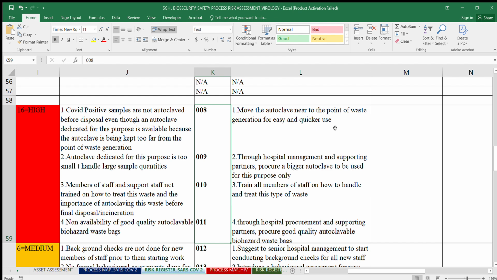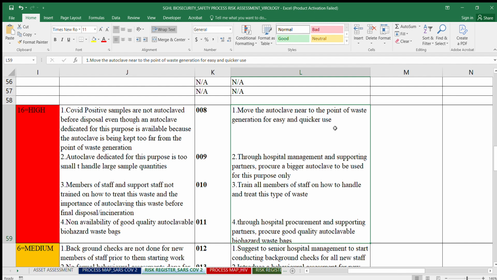So maybe for the first one, where COVID samples are not autoclaved because the autoclave is kept far, maybe your proposed mitigation or preventive action is to move the autoclave near to the point of waste generation for easy and quicker use. So you just move the autoclave nearer to the point of waste generation.